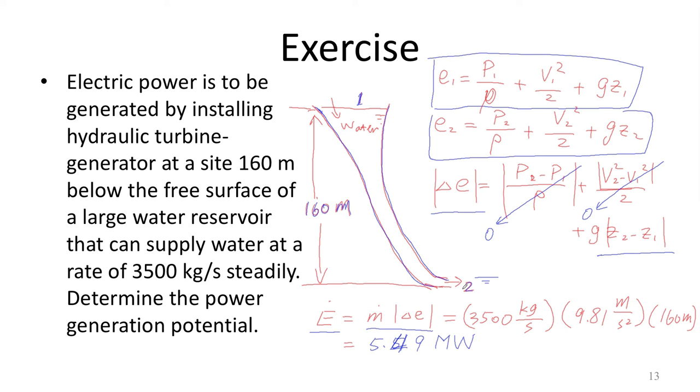The most useful conversion would be to convert that mechanical energy of the flowing water to electrical energy, to electrical power. And certainly there's a question of conversion efficiency. Now, if you have a conversion efficiency of 100%, then you can assume that the maximum power generation potential for this reservoir is 5.5 megawatt.